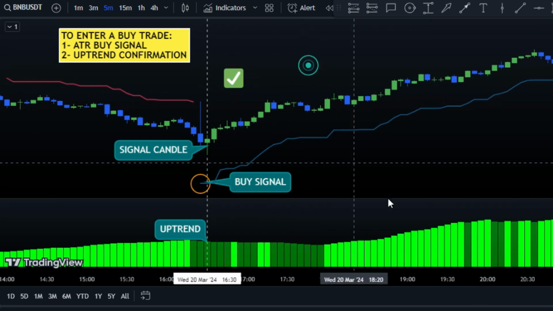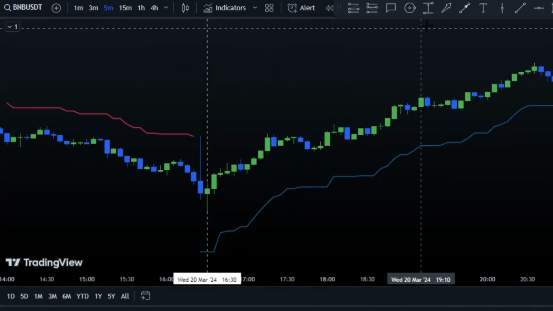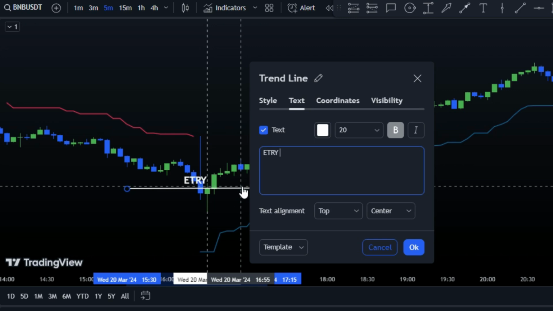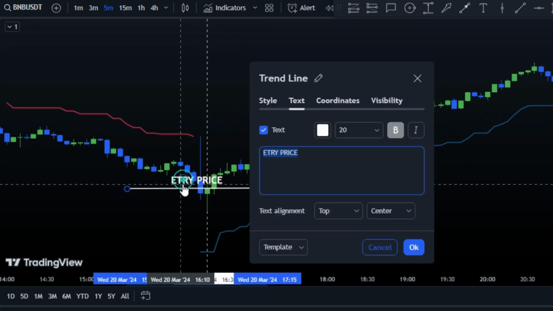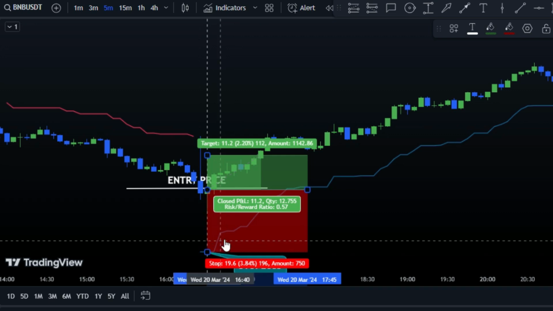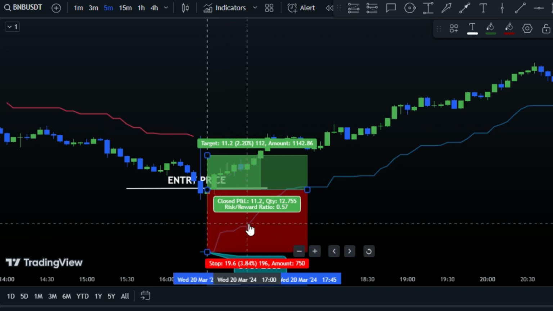Once both conditions are met, you can confidently open a buy position. After that, set your stop loss at the ATR line to manage risk.